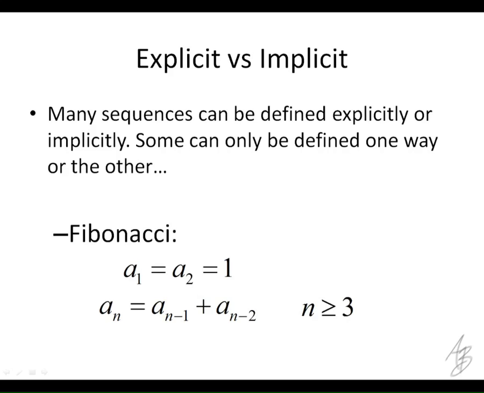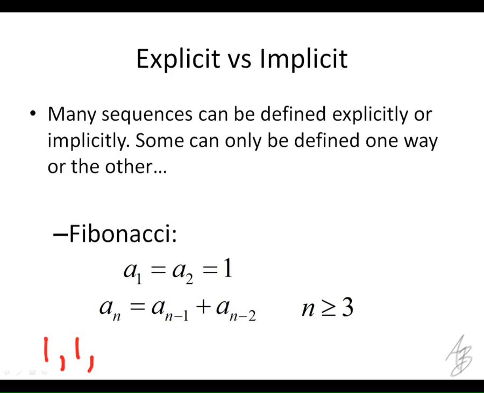Meaning we have to know what two terms are to get the next term. Now, there are ways to approximate numbers in the Fibonacci sequence, but we still have to know what the two terms are before. Are you guys familiar with the Fibonacci sequence? So a sub 1 and a sub 2 are both 1. So the first two are 1. And then the next term, we take the term before it plus the term before that.